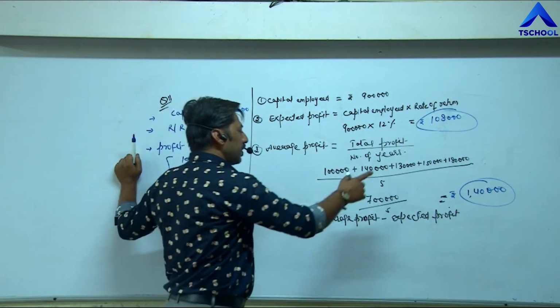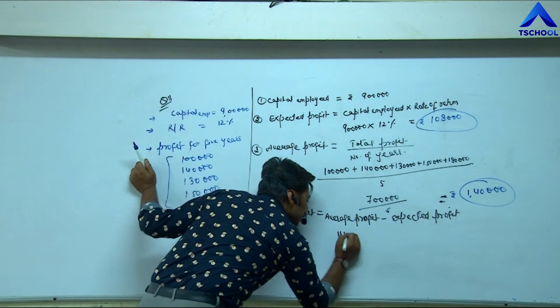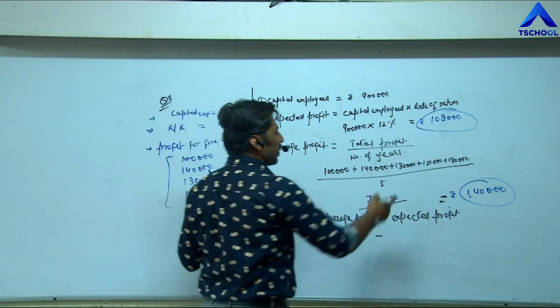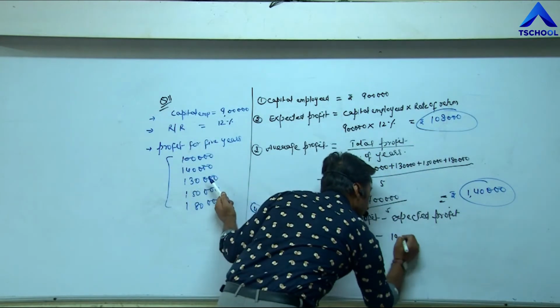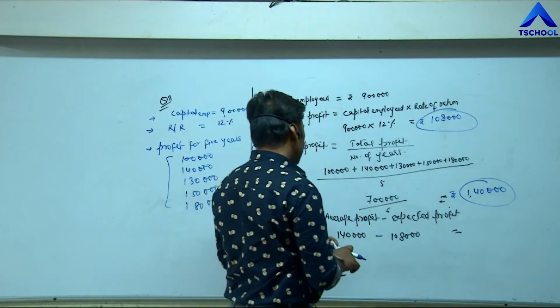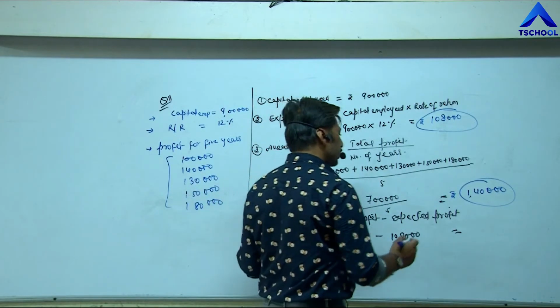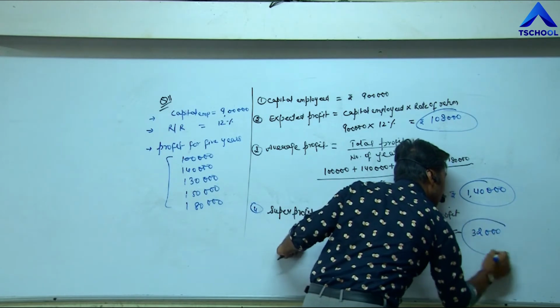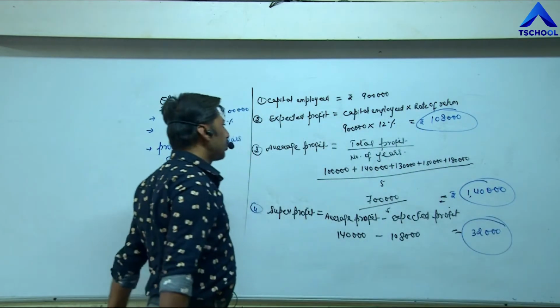Now average profit is 1 lakh 40,000 minus expected profit 1 lakh 8,000. So super profit is 1 lakh 40,000 minus 1 lakh 8,000, which is 32,000 rupees. 32,000 is the super profit.